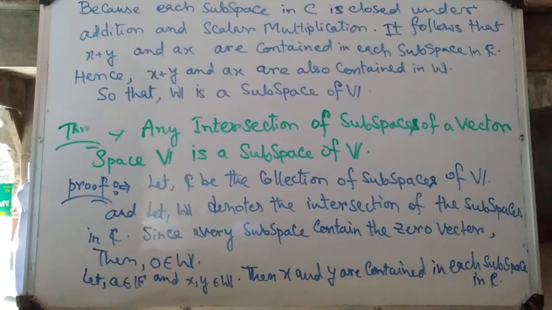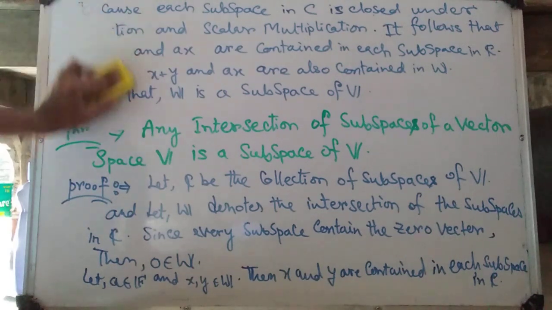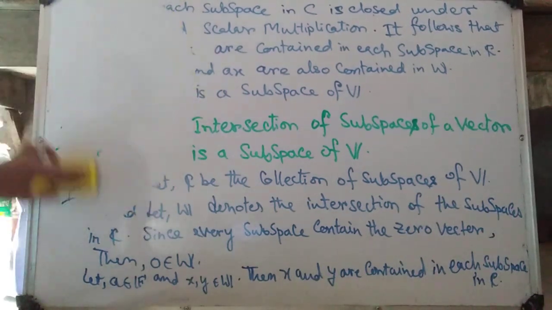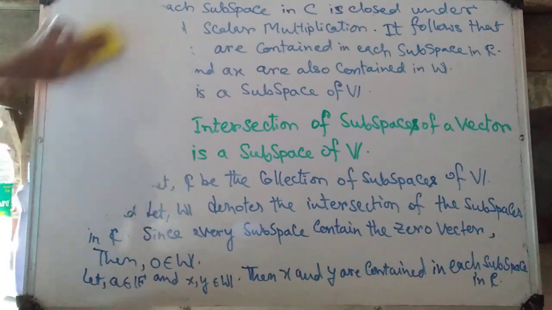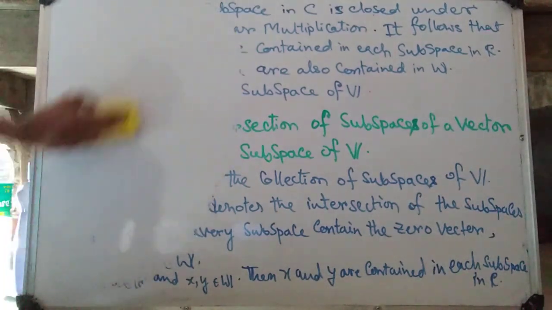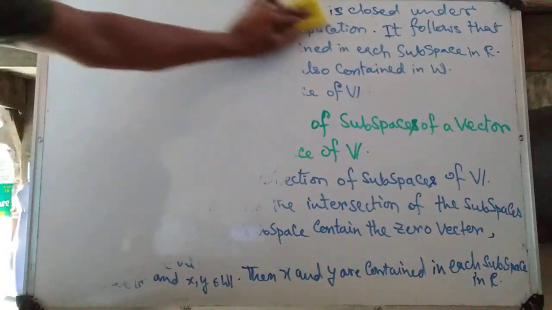But the union of two subspaces is a subspace of V if and only if one of the subspaces contains the other. Then this is possible, otherwise not possible for union. We are not proving that portion now. We erase that portion and go into further discussion.